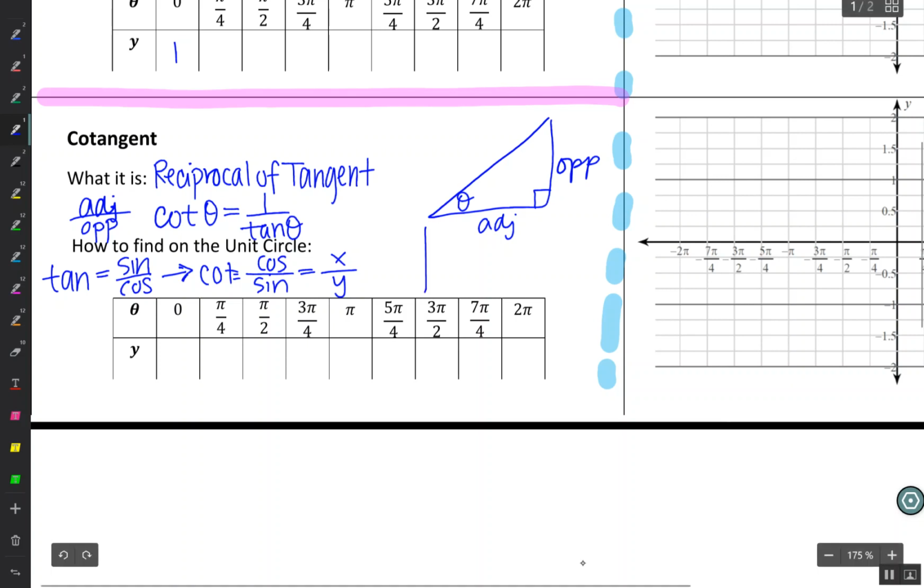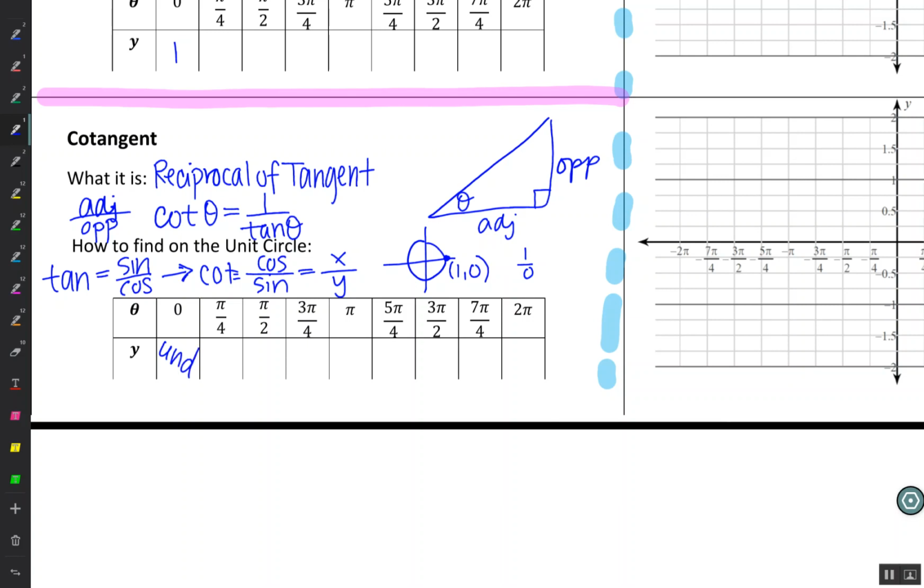Okay, so right here, our point 1, 0. So I'm doing x over y, which is 1 over 0, for the first one when theta is 0 radians, or 0 degrees. So 1 over 0 is undefined, which means we're going to have asymptotes here.